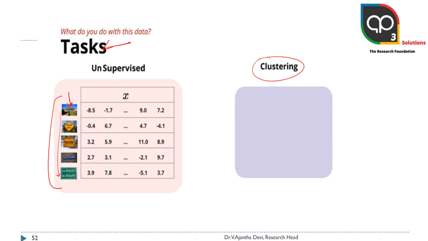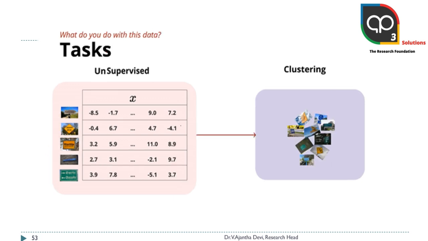If you give me a lot of images, I could do clustering on these image data that you have given. I don't know what the y variables are here, because as it is unsupervised, I don't know y; it is not labeled.